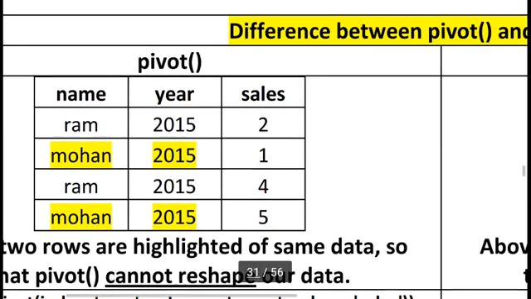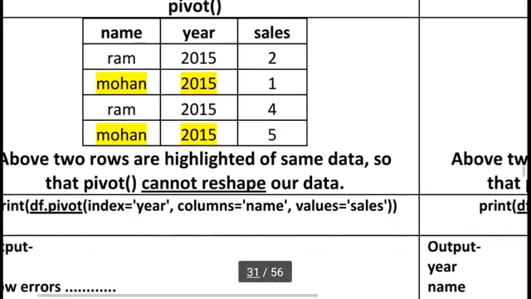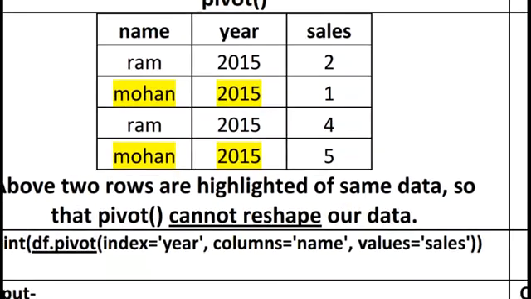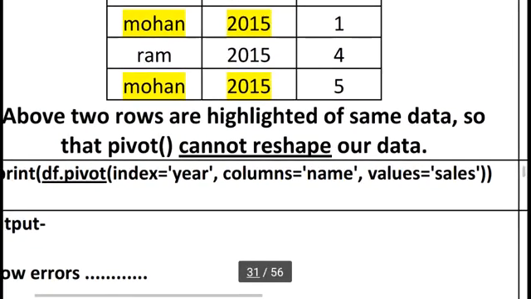So when we use the pivot function, it is difficult to analyze. You can see two rows are highlighted with the same data, so pivot cannot reshape our data, means we cannot put a name in pivot row, or a year in pivot column, because it is difficult when we use the pivot function to reshape.